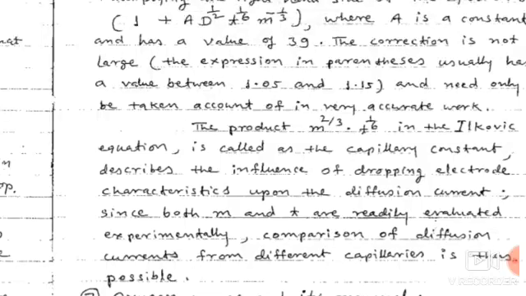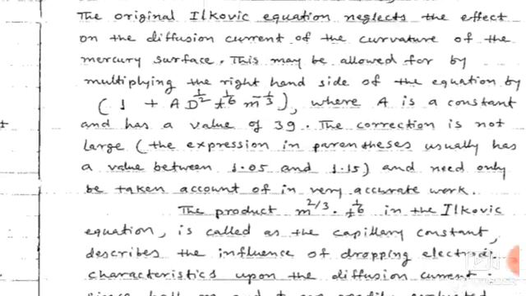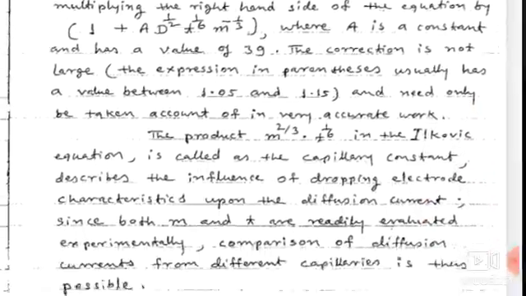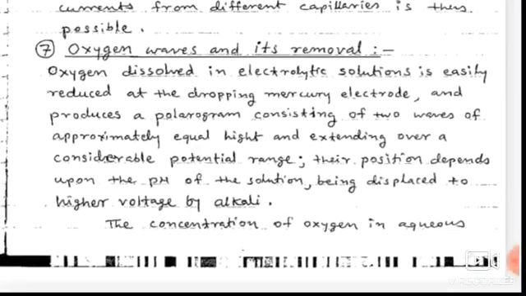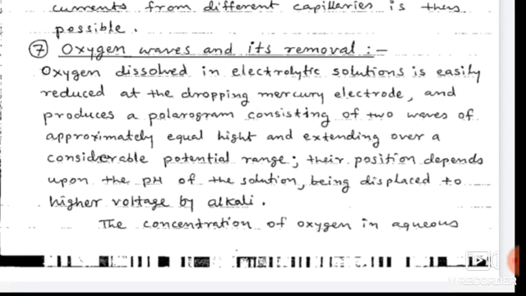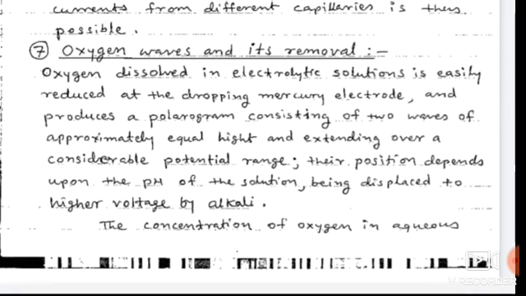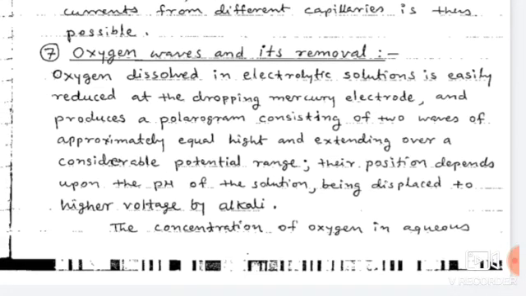So this is about the Ilkovic equation, and next we will start with the oxygen waves and their removal. Oxygen dissolved in the electrolytic solution is easily reduced at a dropping mercury electrode and produces a polarogram consisting of two waves of approximately equal height and extending over a considerable potential range.